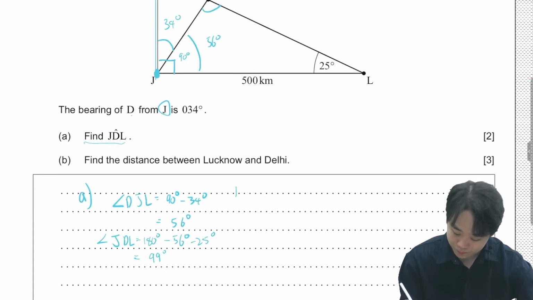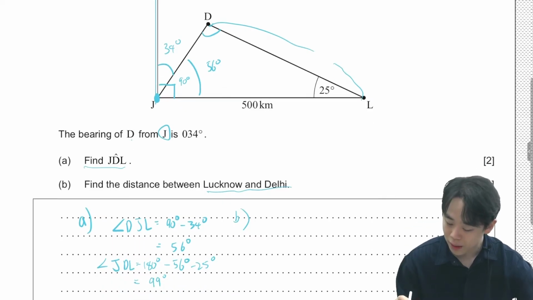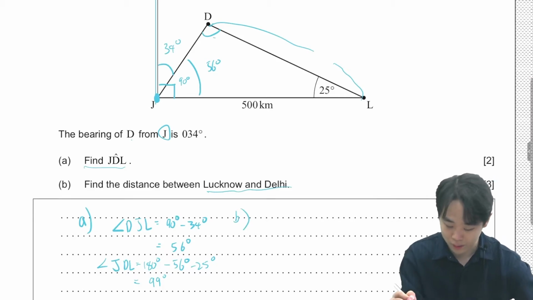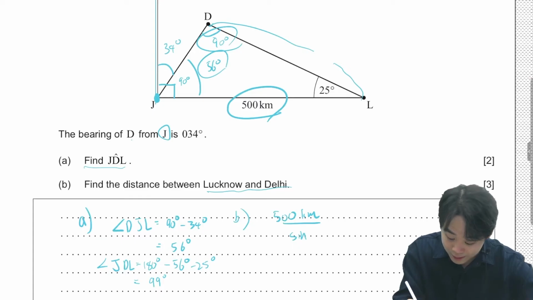Part B. We need to find the distance between L and D. So we want to find this length right here. So I would try to set up a sine rule relationship because we have 2 pairs of a side and an angle. So the first pair is going to be 500 kilometers over sine 99 degrees.